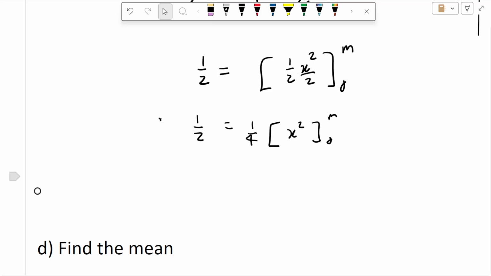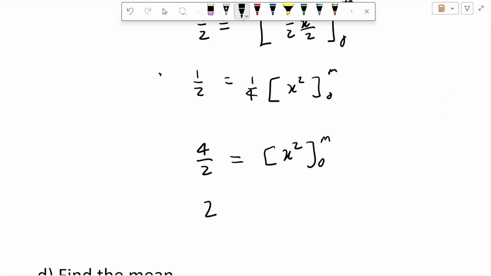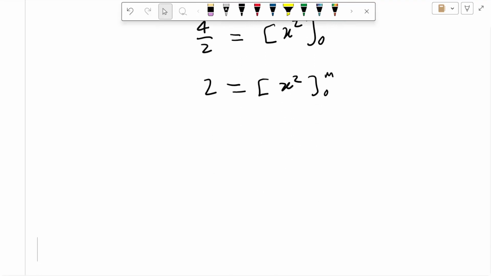So let's see, a half. Now I can times both sides by 4 if I want. So 4 over 2 is x squared from 0 to m. So 2 is x squared from 0 to m. There's lots of ways you can do this algebra. This is just the cleanest way that I found. So you've got m squared take 0 squared.